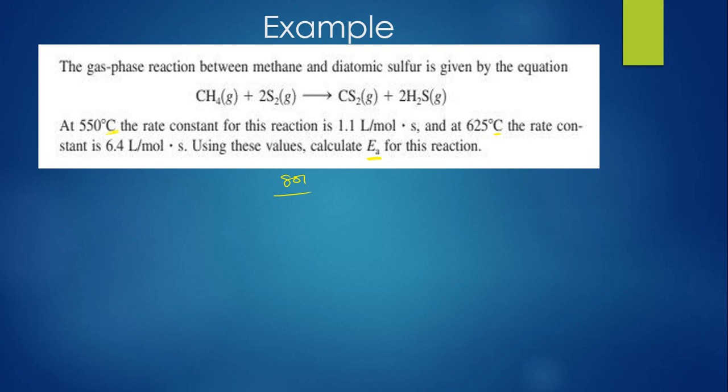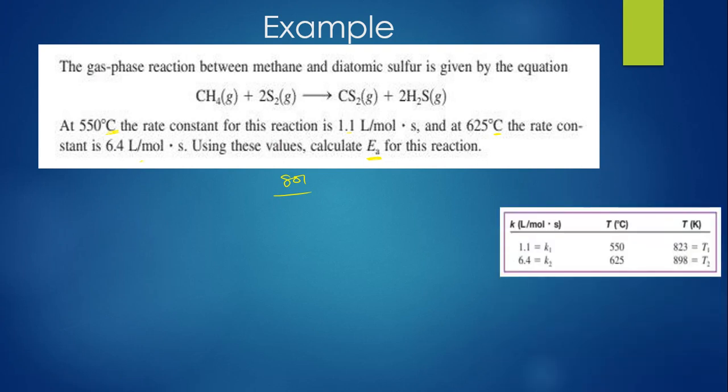And then you're having these rate constants. So what are you supposed to do? You're supposed to come up with a table which will look like this. So that's your data now. So you need to collect this data. So as you can see, these are your rate constants. So at temperature 550, we're having this rate constant, which is 1.1. And then with this temperature, it must be in kelvins.